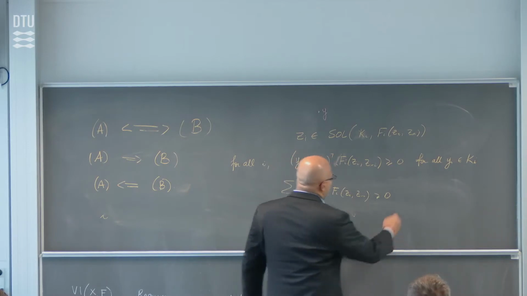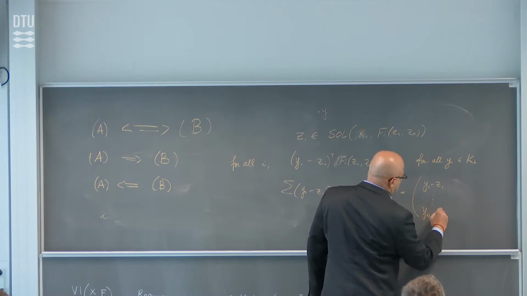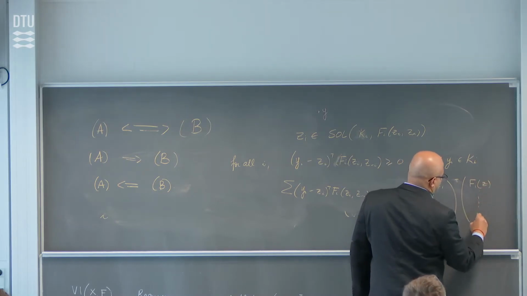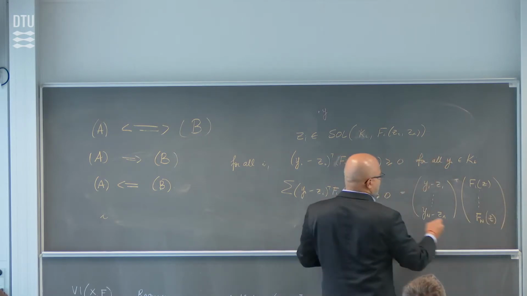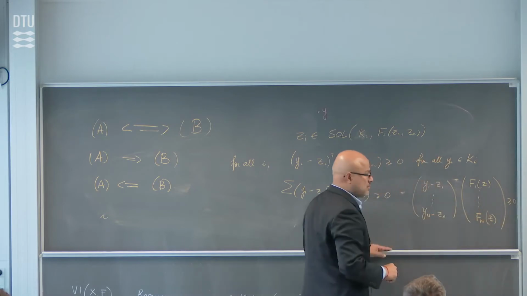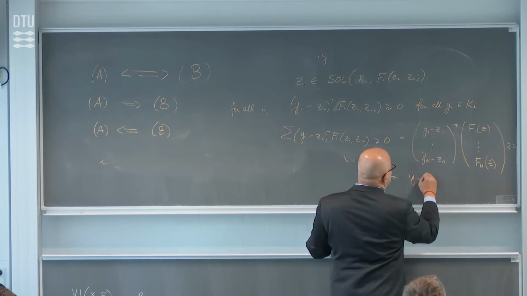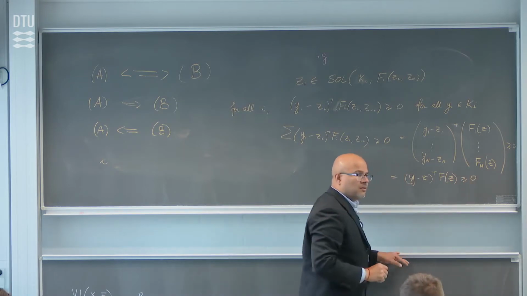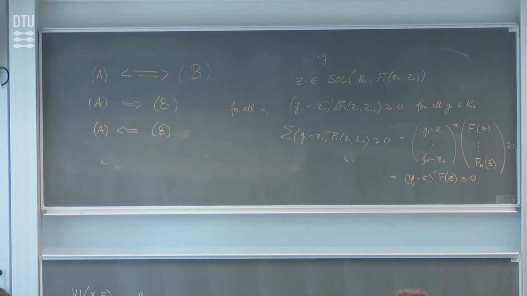But that's equivalent to saying, okay, because I can write this as the inner product between these two vectors. But this is just (y minus z) transpose F(z). Which means that z lies in the solution set of here. Okay? So in one direction we've gotten it. Let's go in the other direction. The other direction is a little easier.